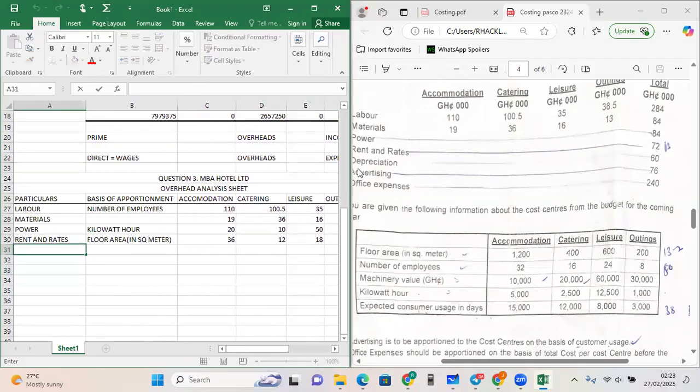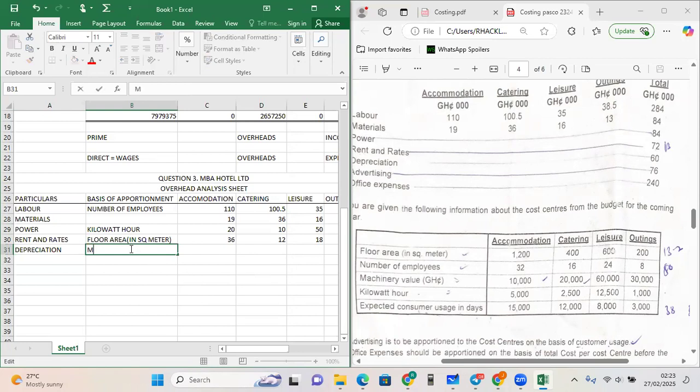Now we move on to the next one, depreciation. So depreciation too, we are going to do the same thing. But depreciation is on the basis of the machine value.